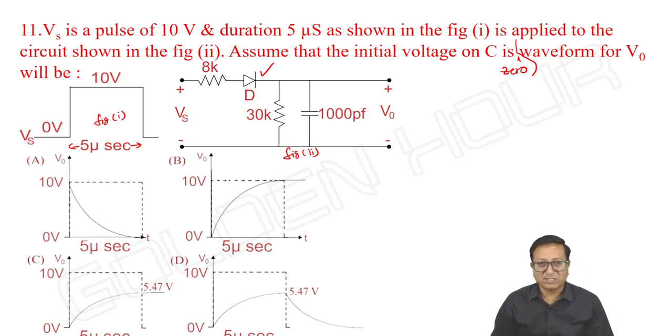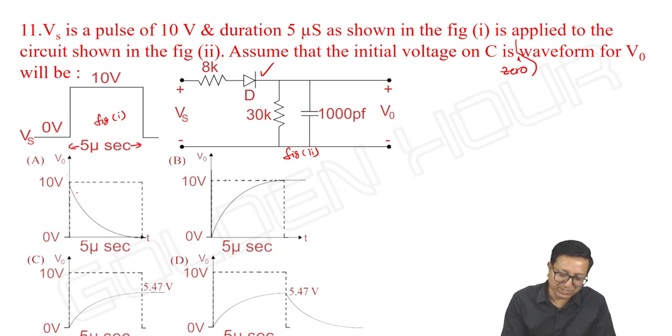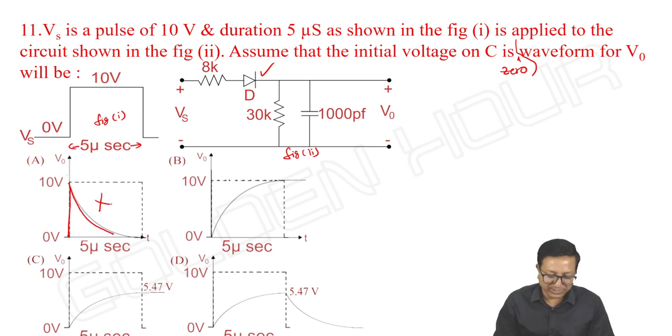If the time constant is small, the capacitor will charge rapidly, and it will charge up to a value. So the capacitor voltage starts from 0 and rises to a certain level. No doubt about it. Which means this cannot be possible. Capacitor voltage cannot rise abruptly to 10 volts, so option A is absolutely wrong. We can think of B, C and D.